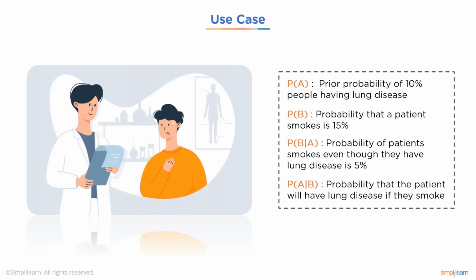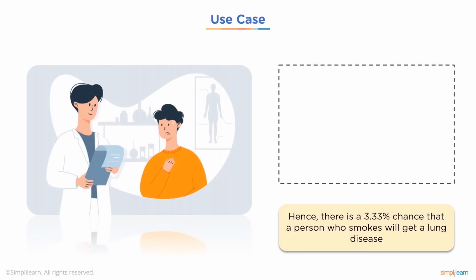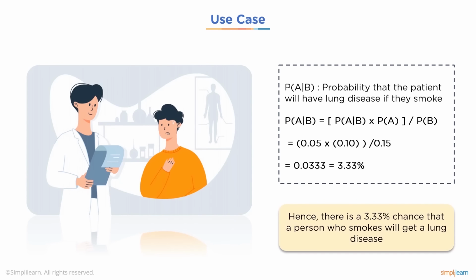And probability of A given B is the probability that the patient will have lung disease if they smoke. And then when you put the formulas together, you get a nice solution here. You get the probability of A given B, the probability that the patient will have lung disease if they smoke. And you can just plug the numbers right in, and we get a 3.33% chance. Hence, there is a 3.33% chance that a person who smokes will get a lung disease.